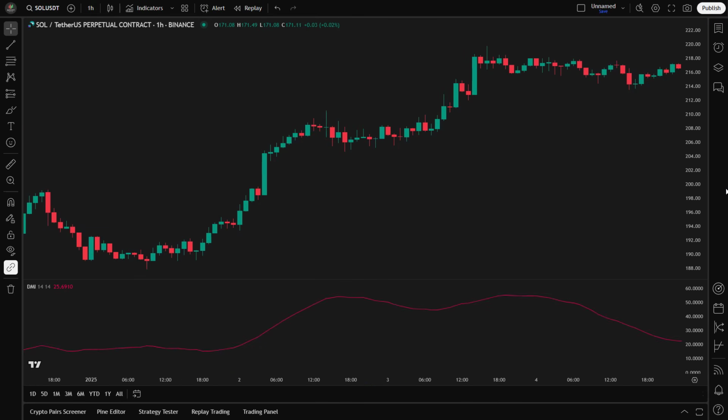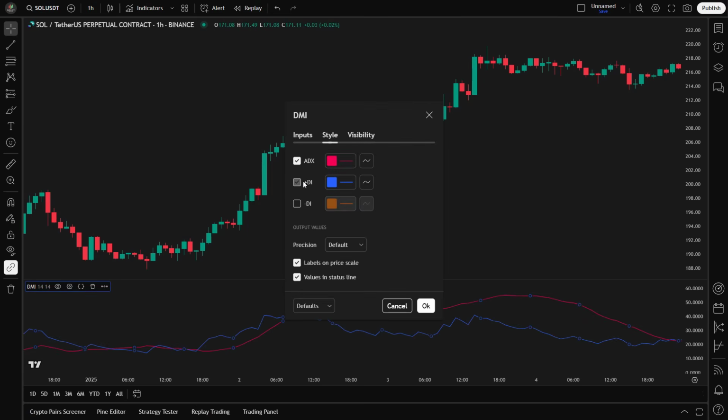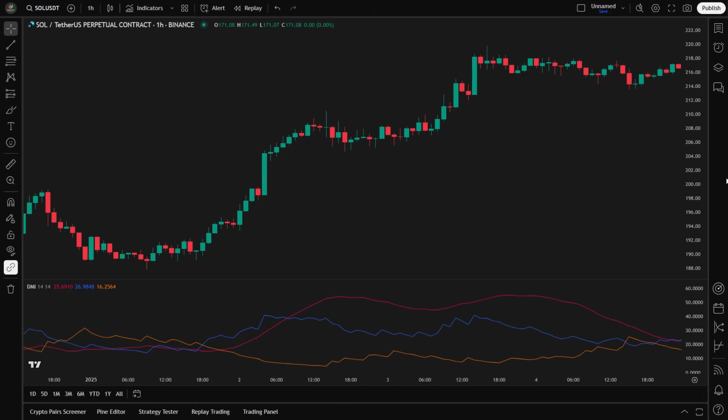To determine trend direction, we use two directional movement indicators, the positive DI and negative DI. The ADX itself measures trend strength, while the crossovers between positive DI and negative DI help us identify trend direction.